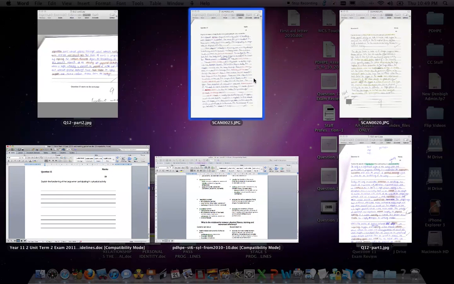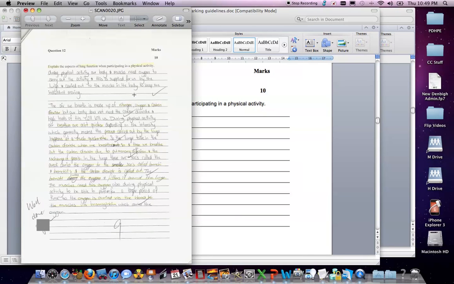If we have a look at a couple of the better answers, we'll just examine where these boys did well. You can see from this answer here that whilst the technical sides of the respiratory system and lung function may not have been as strong as others, the discussion of how the physical activity affected the respiratory system was done very well, and enabled this student to get a good mark.